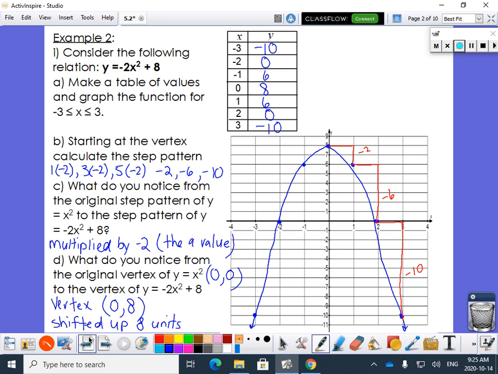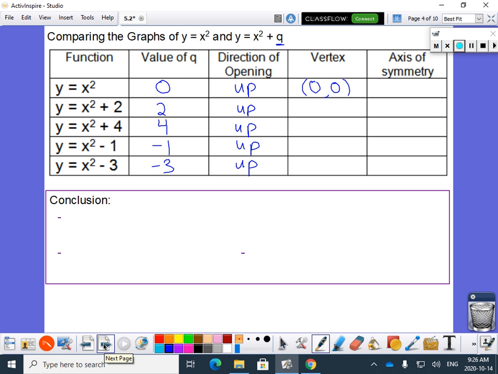The y value seems to be the q value in the equation. So keep that in mind as we try to figure this out. So our vertex now is going to be what for y equals x squared plus 2? Good job. This one? This one? Okay, so we're okay with that?